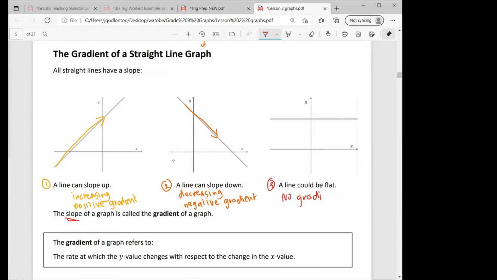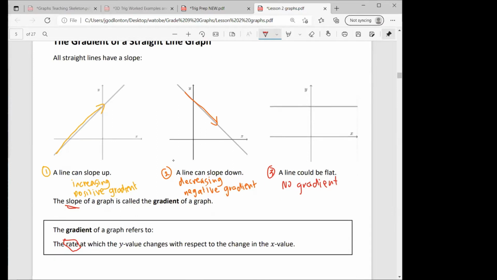They're like special graphs. And a gradient, this is quite an important sentence, and it's going to make sense when we start playing around with examples. But a gradient of a graph is the rate at which the y value changes with respect to the change in the x value. And we can actually write that in a really fancy way. We can say that it's the change of y over the change of x.